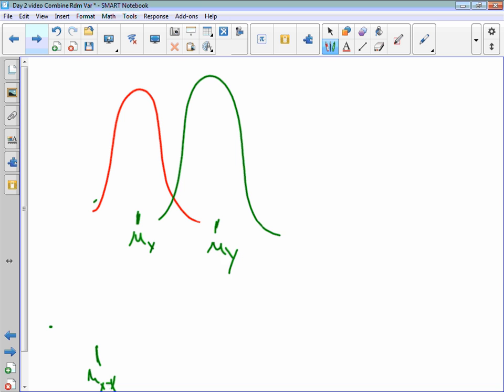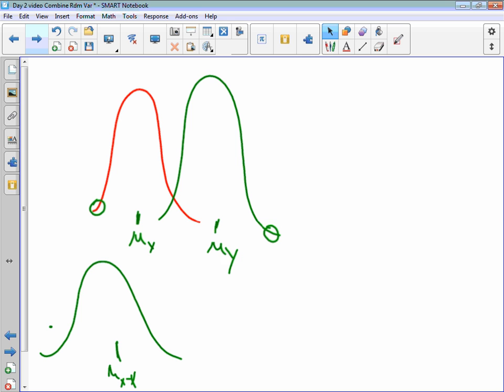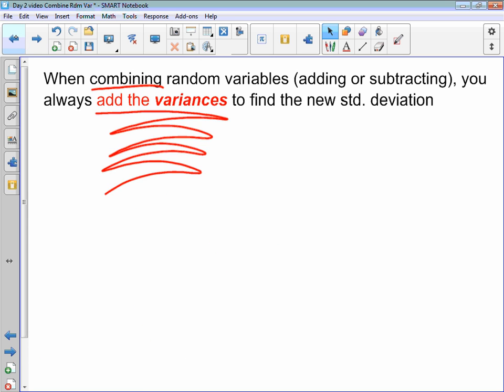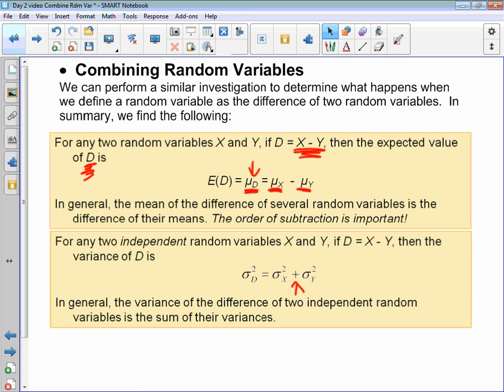But if I'm subtracting, there's a possibility I could do this subtraction at the furthest out. So the new one is going to be wider. I'm sorry, it's not centered correctly. The new one will be wider than the two that we were combining because there's more variation. And that is, in a nutshell, why you add the variances.